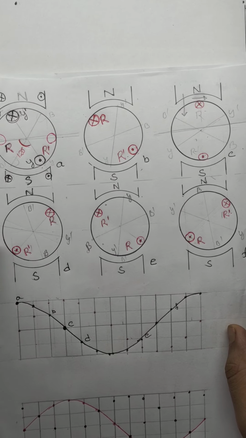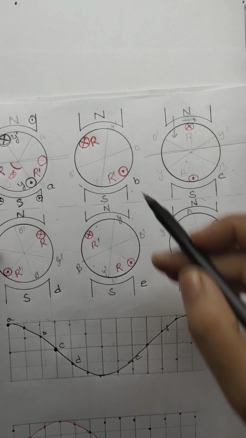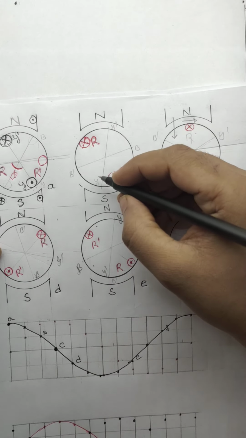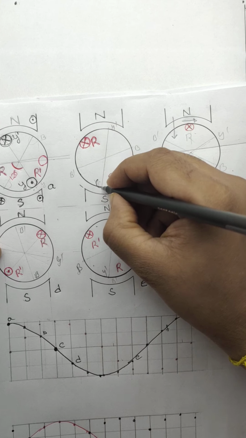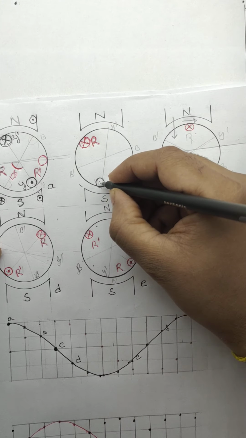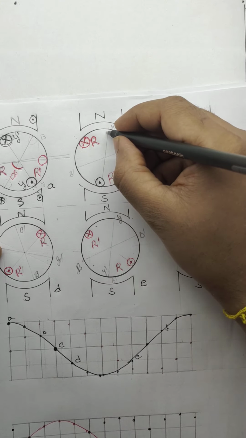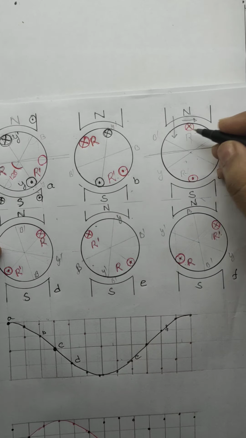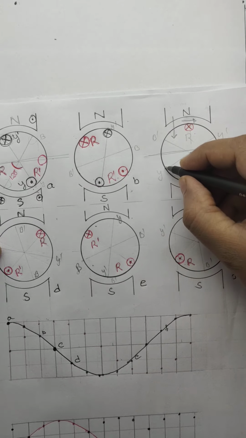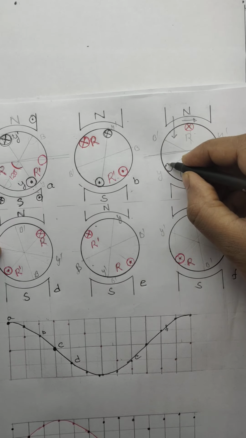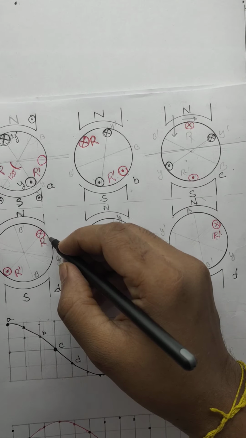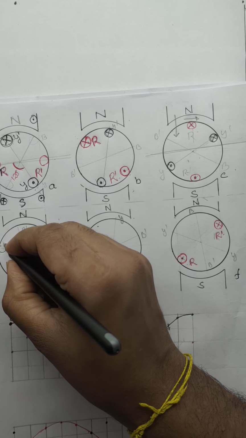Now, as the Y phase, after some time R has come here, so Y will come here. This will be dot, this will be cross. When R will be here, Y will be here. This will be dot, this will be cross. If R is here, Y will be here.